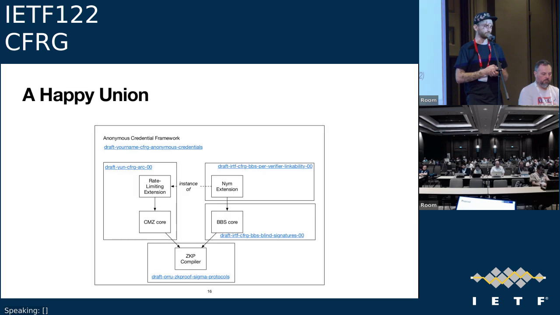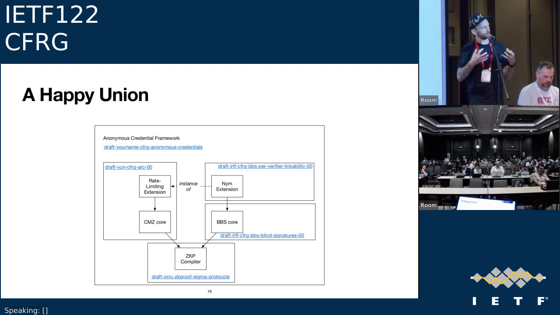And so I envision something like this that the CFRG works on. You have a framework for anonymous credentials. Within the work that is scoped by that particular framework, you have specific instances of the credentials, one of them being ARC, one of them being based on BBS. And the distinction is that one is publicly verifiable and the other is not.